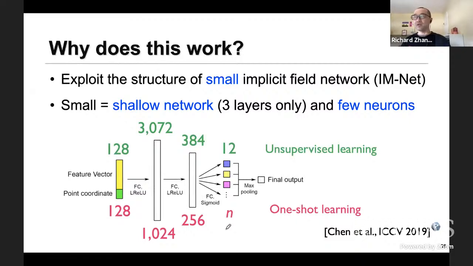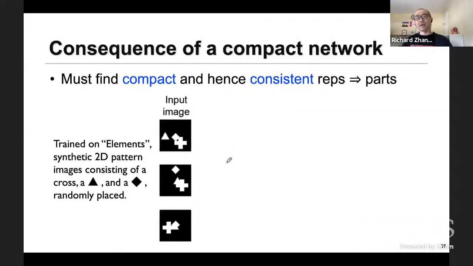Depending on whether it's an unsupervised setting or one-shot learning, we have a different number of neurons, and this number of neurons is relatively small. So because of this compactness, this small network, the network is forced to learn consistent representations.